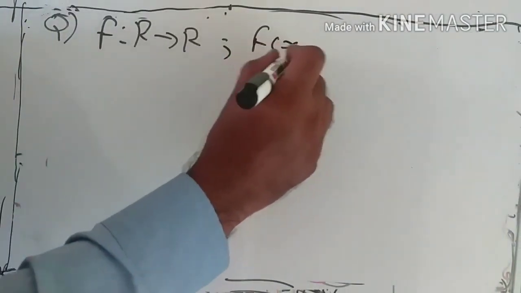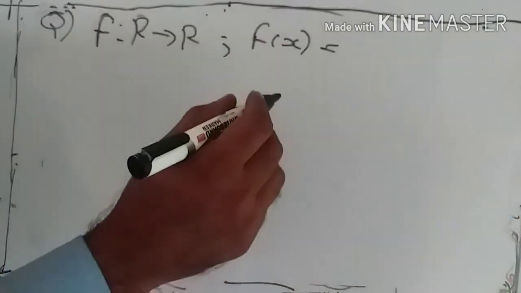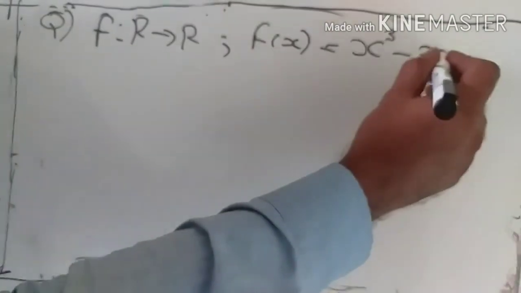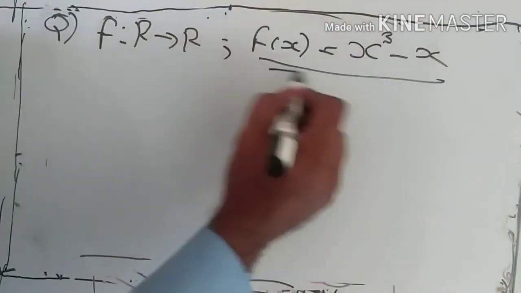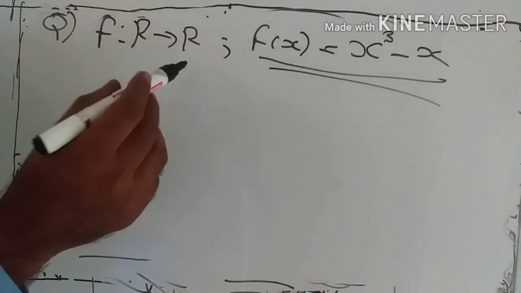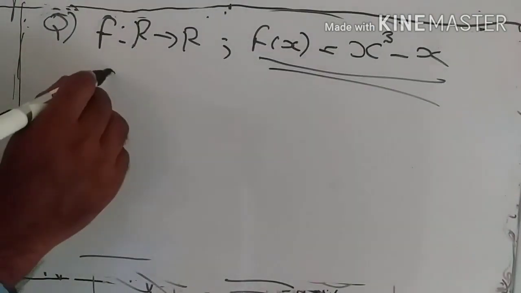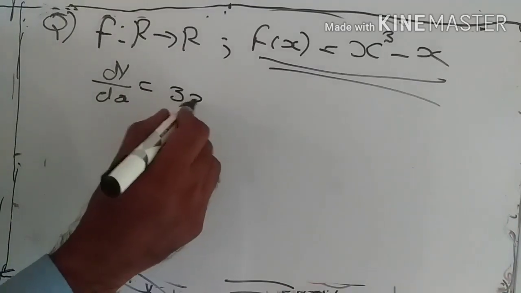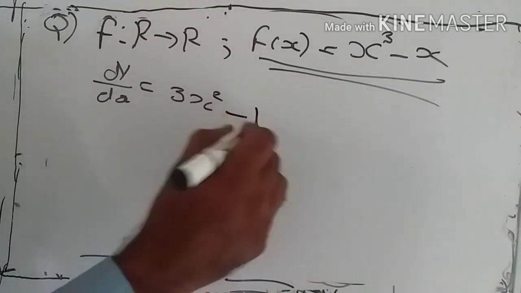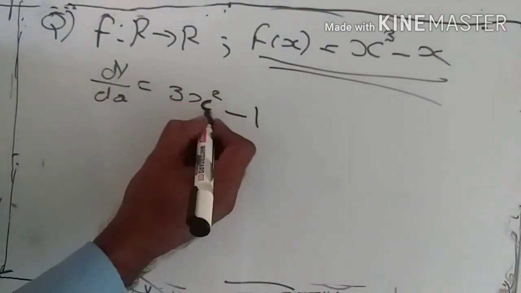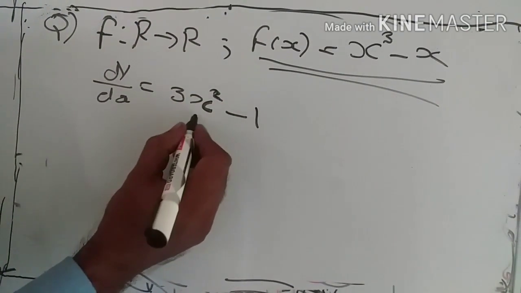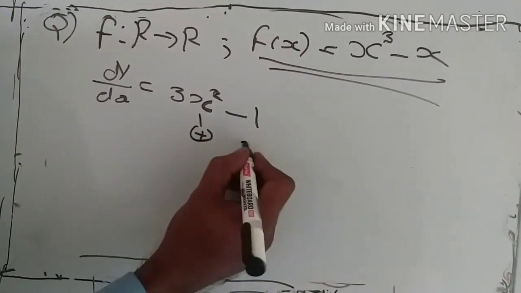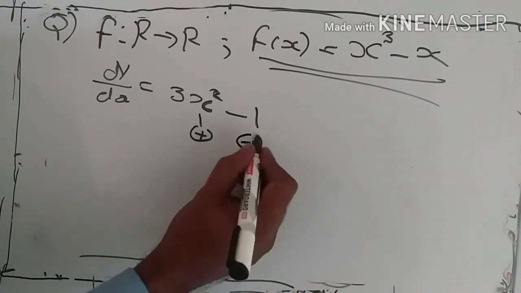f of x is equal to x cube minus x. So domain is R and codomain is R. dy by dx is equal to 3x square minus 1. The x square of any real number is always positive, and this is minus 1, negative.